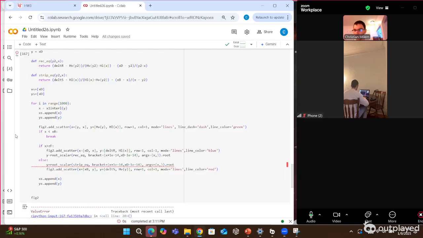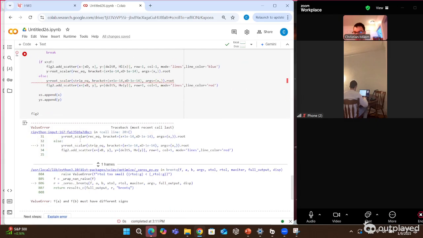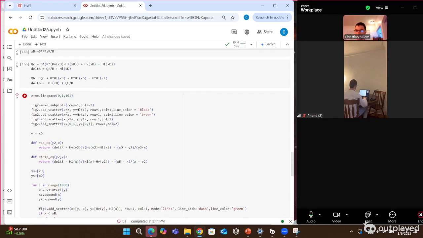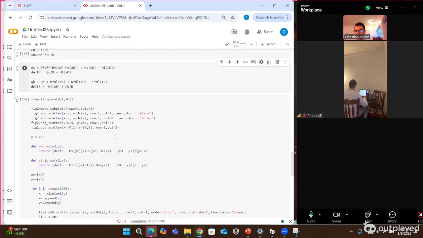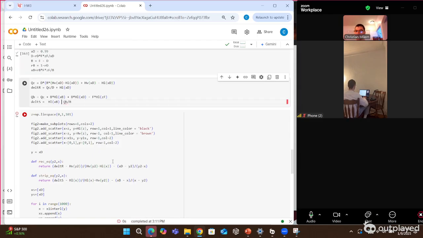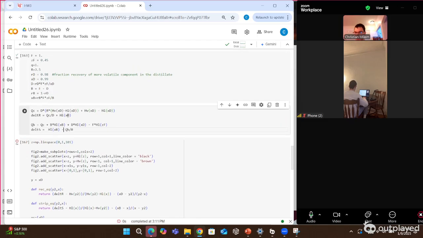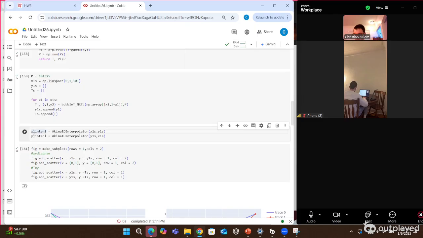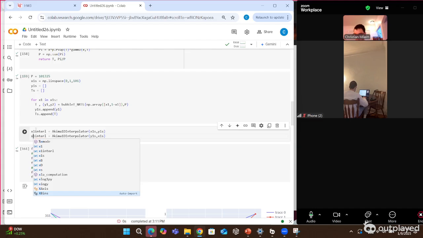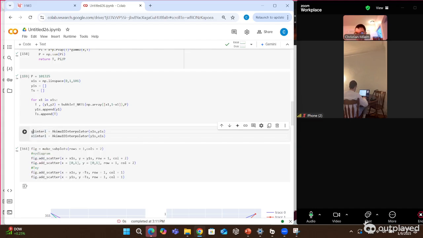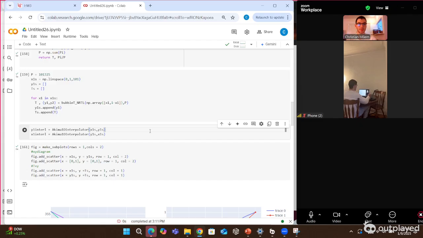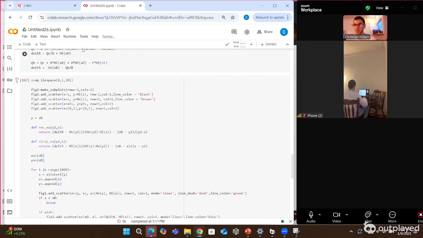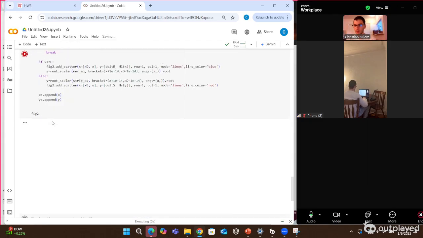Found out what was going on. So back here, we did it right on paper, but we just slipped up. This is supposed to be a minus. And then all the way back here, we messed up. These X's and these Y's are supposed to be switched, which means that anytime we use interpolated values, we've had our X's and our Y's switched up this entire time, which is not good. So we'll run all of these.